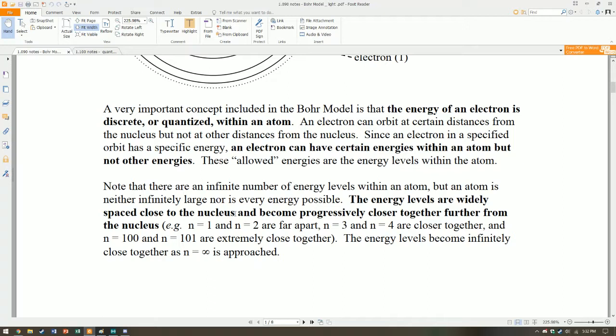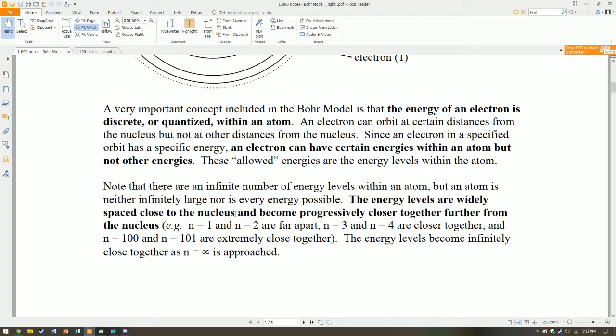It can only have energy 1 or energy 2 or energy 3, and so on. This was really important because, as we go on later, it described what atomic emission spectra were, and it described them very well.